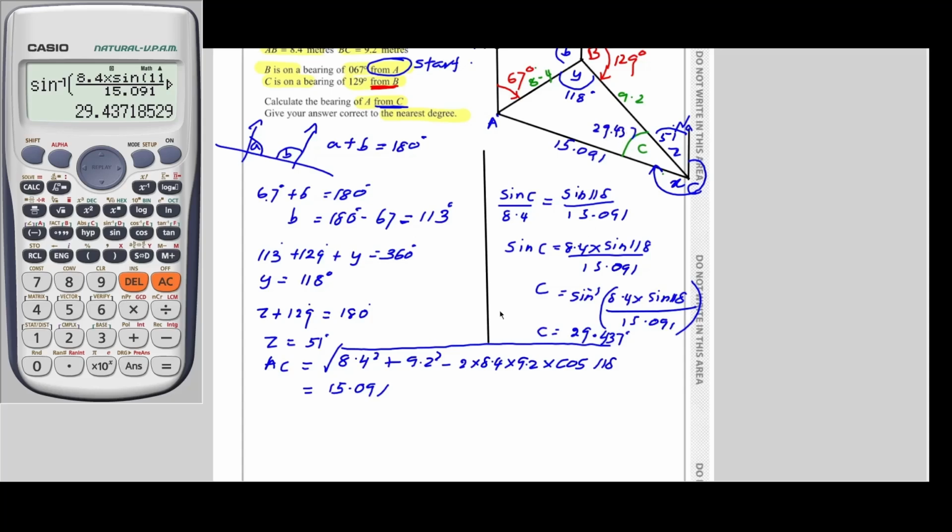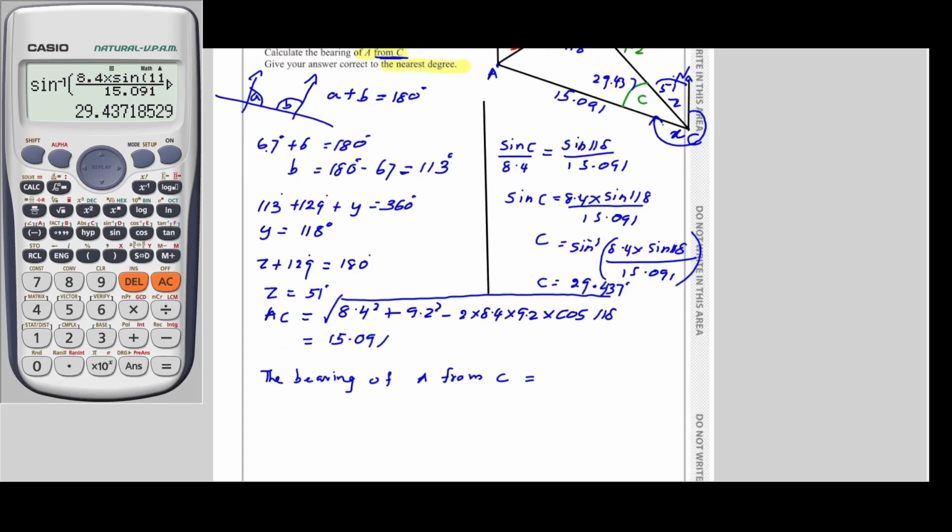Then we can get the bearing, which is X, the bearing of A from C, equals, we know that from 360 we need to subtract. 360 minus, we got 29.437 and this one it is 51.